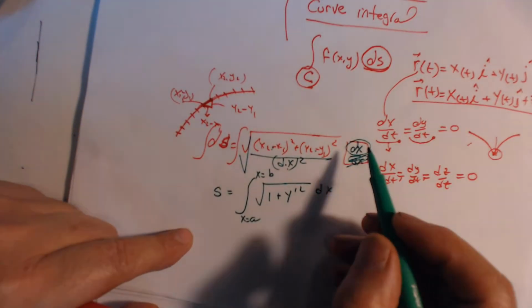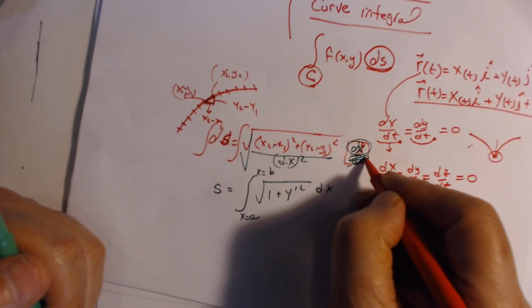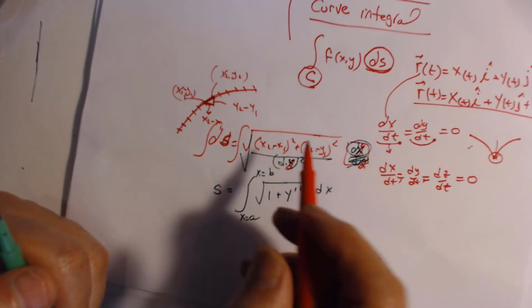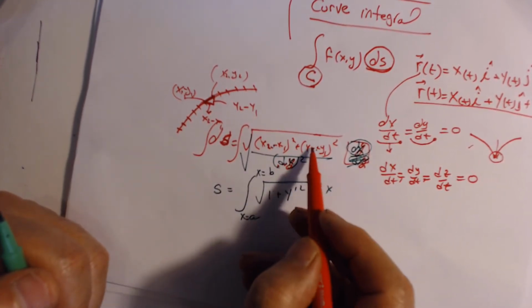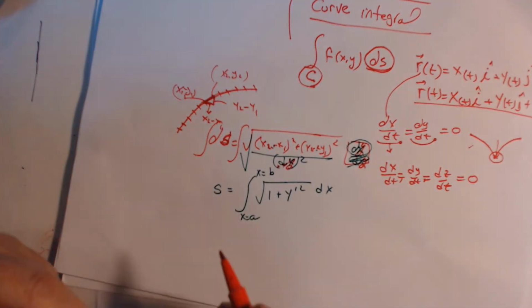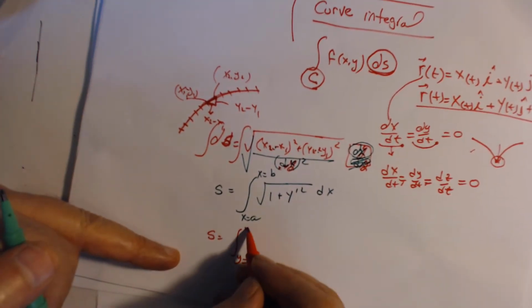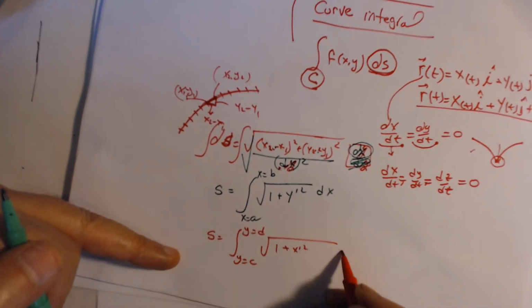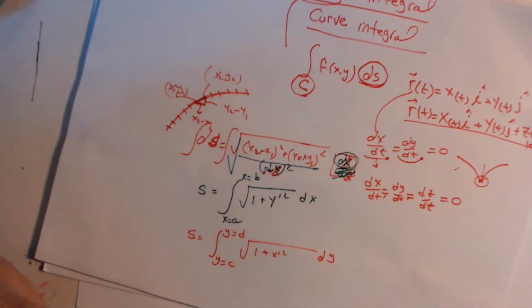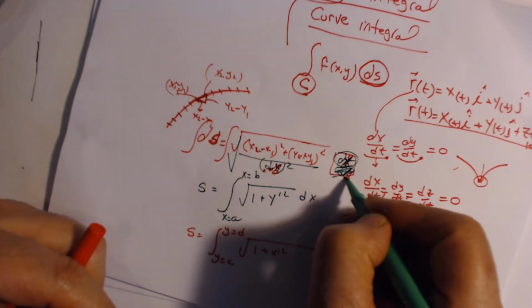But somebody said, what happens if I want it with respect to y? Here you have to put dy and bring the dy underneath, and that becomes x prime, and dy over dy squared is 1. Therefore, here your y goes from c to d, and this becomes the integral of the square root of 1 plus x prime squared dy. But somebody said, what happens if I want it with respect to t?